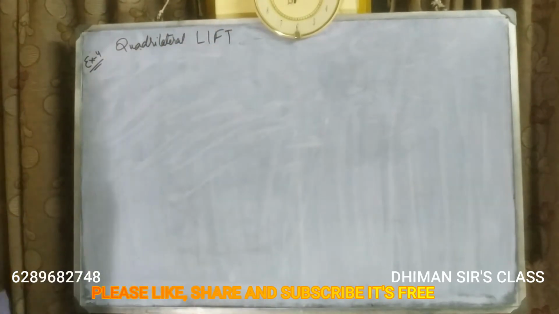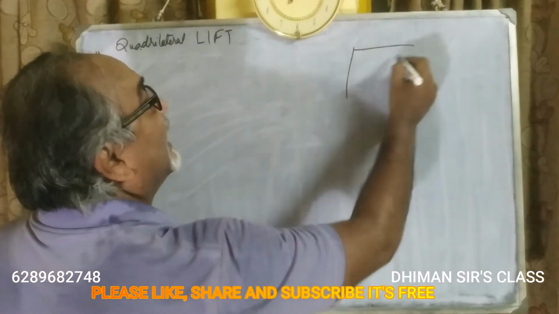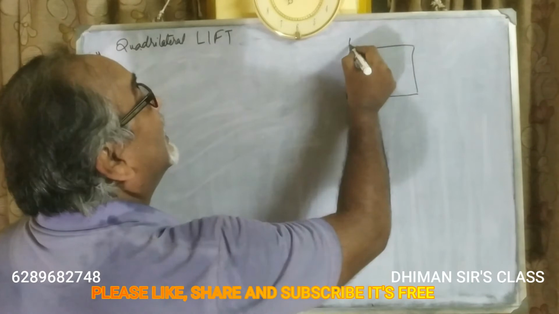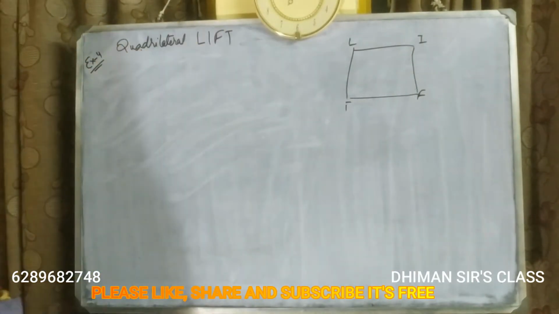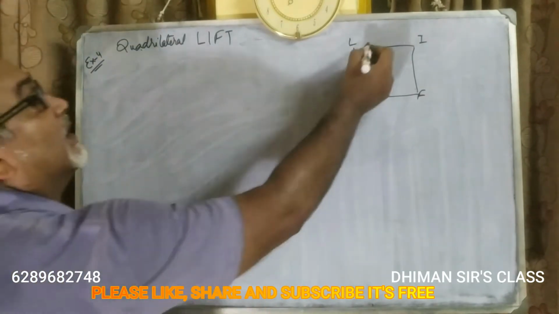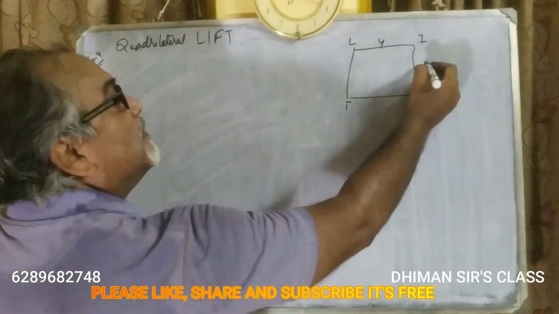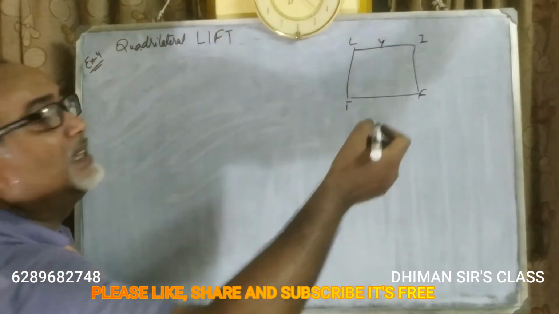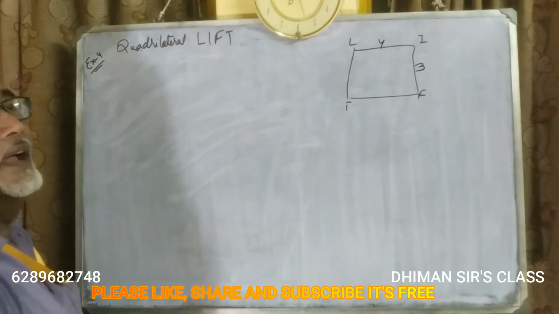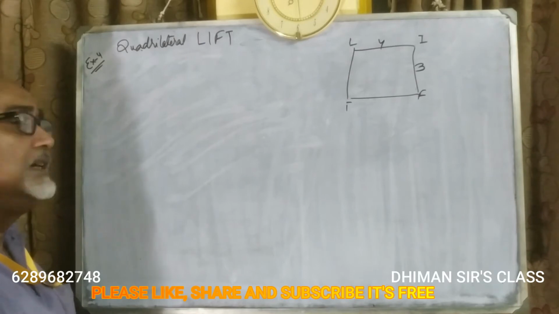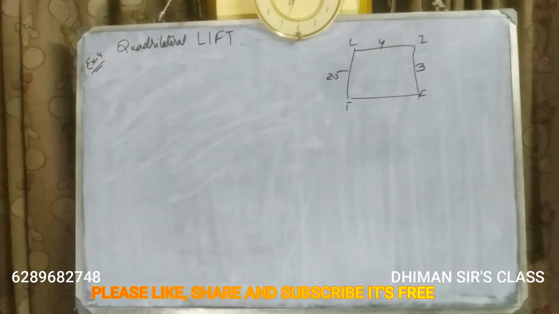Suppose LIFT, where LI is 4, IF is 3, LT is 2.5.